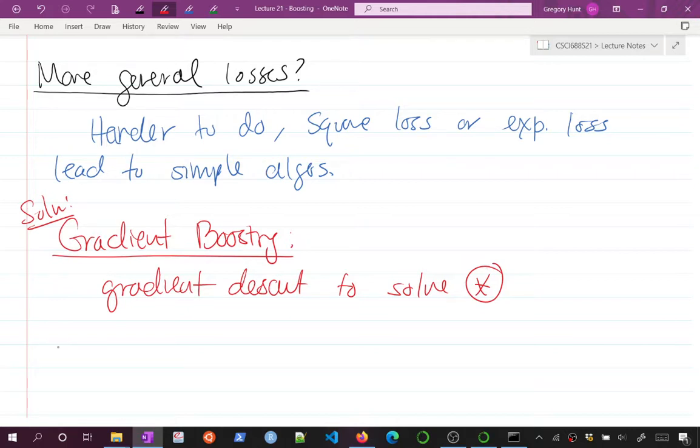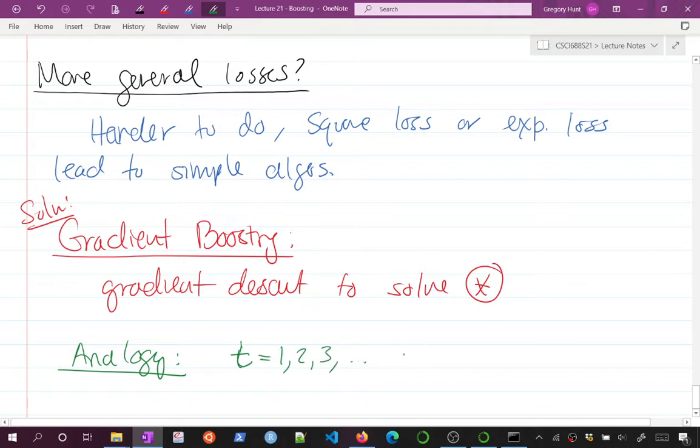I will say, just as a flavor of the analogy, if you're familiar with gradient descent, if I want to optimize a function with gradient descent, we go at time step 1, 2, 3.